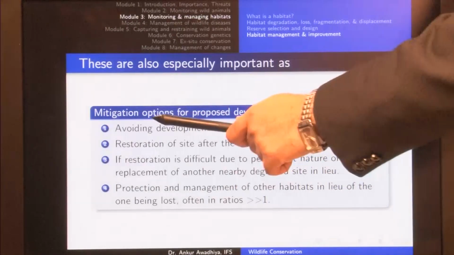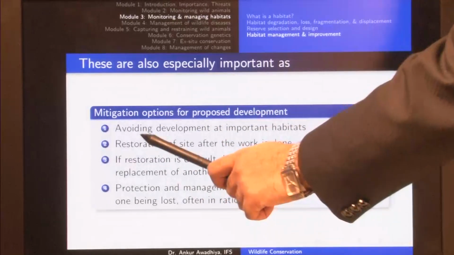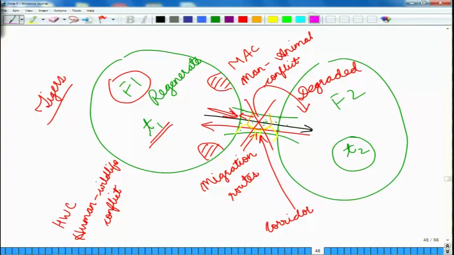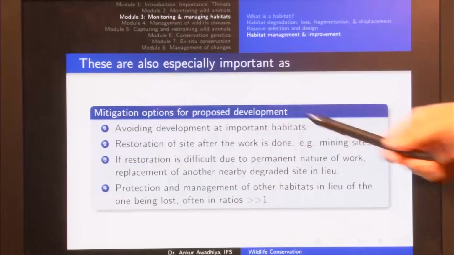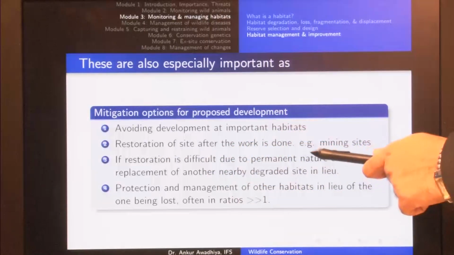The mitigation options that are available to us for any developmental activity are: one, avoid development at important habitats, and in this context the most important habitat we would consider to be the corridor areas. We would avoid doing any sort of development in this area. Second, if you cannot avoid it, then at least restore that site after the work is done.